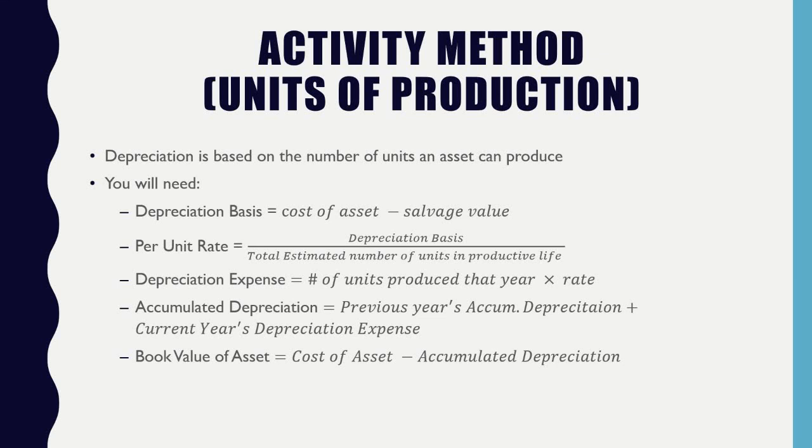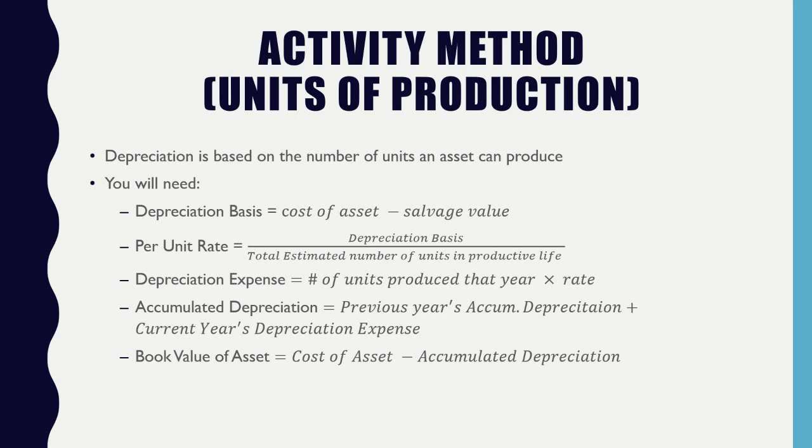And then lastly, we also need to know what is our potential book value when we actually sell off a machine. What is its value supposed to be reflecting? So your book value is going to be the original cost of the asset minus the accumulated depreciation.